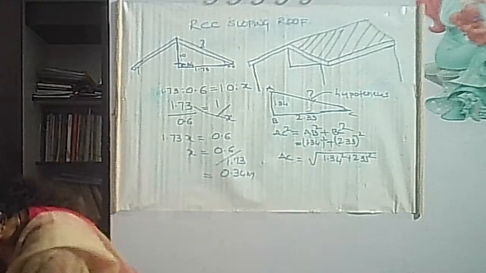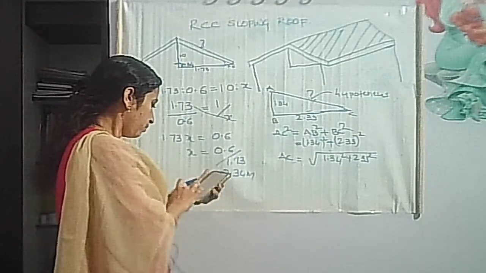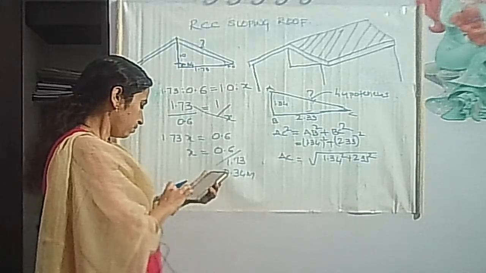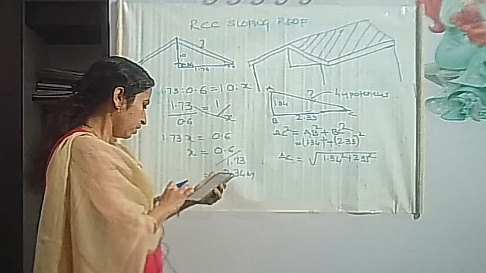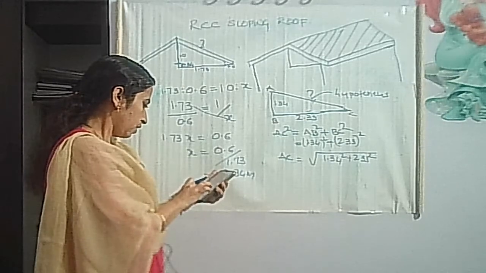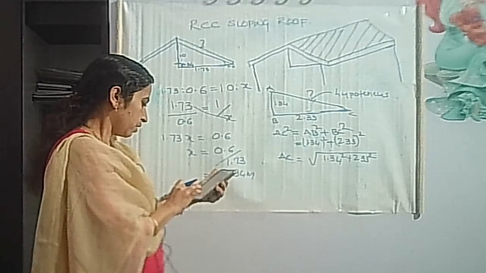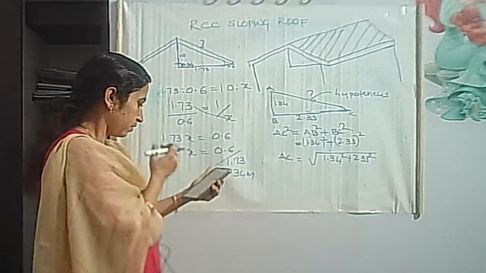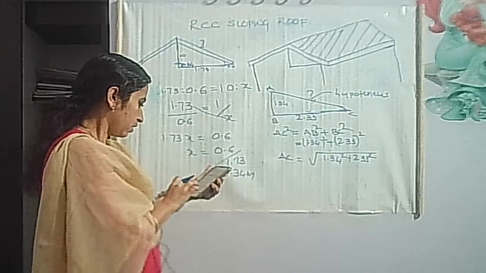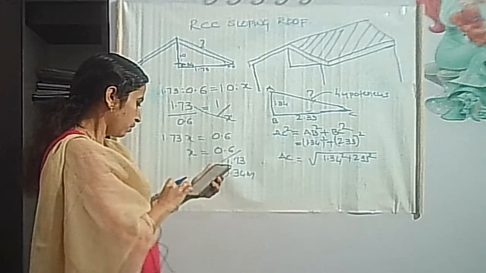So, we will again use the calculator. So, 1.34 into 1.34 is equal to 1.79, plus 2.33 into 2.33 is equal to 7.22.